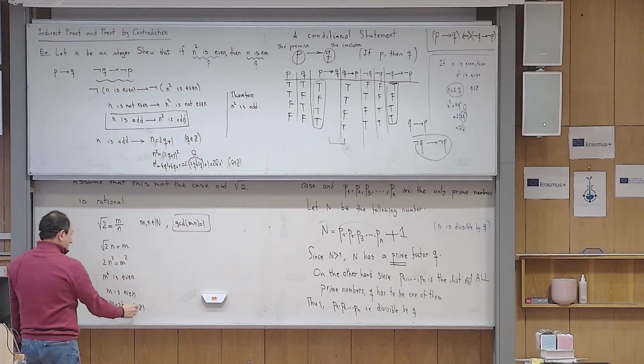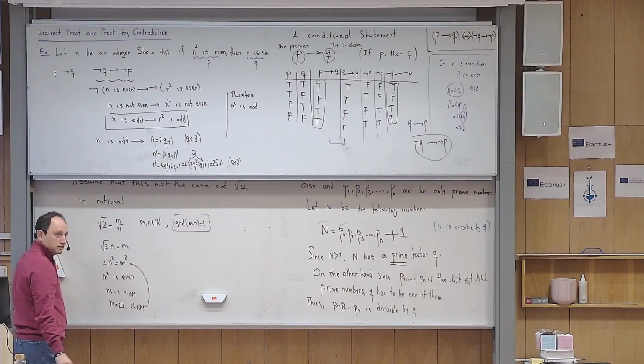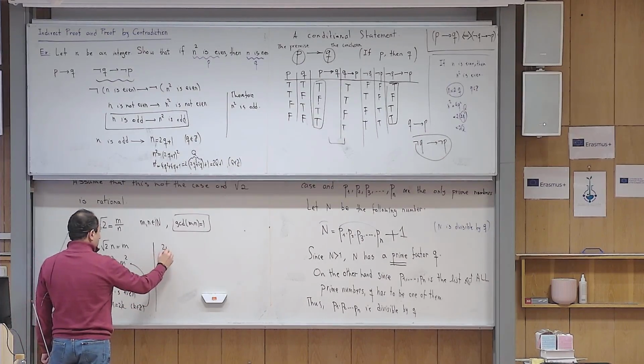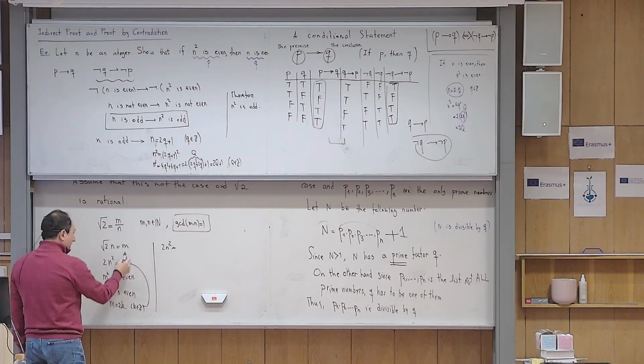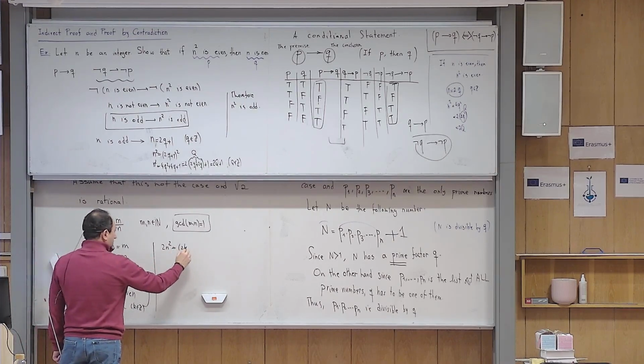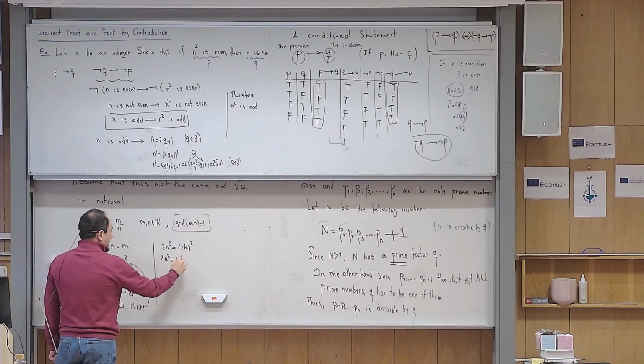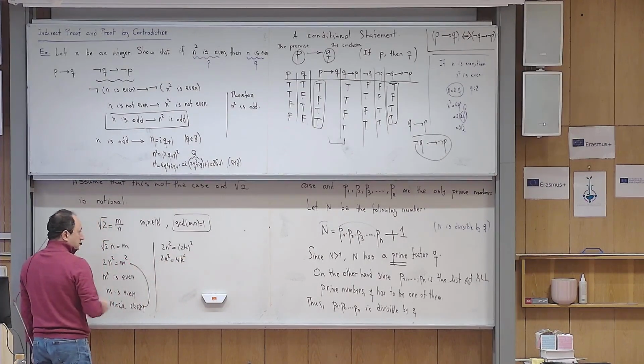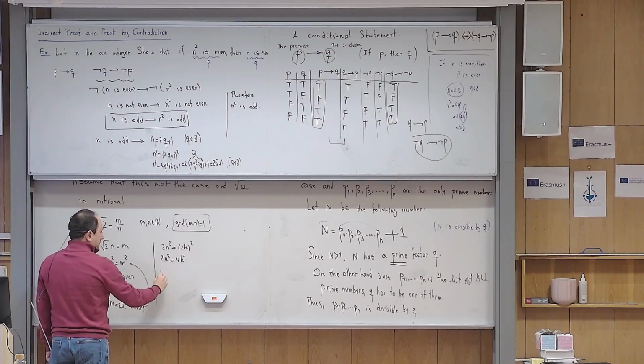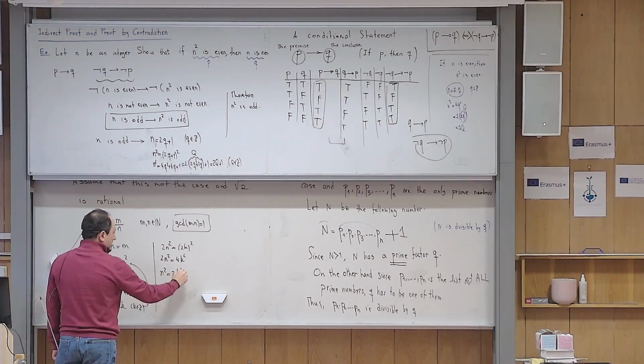But when m is 2k, I put it back in this equation. So what happens? It becomes 2n squared is equal to (2k) to the power of 2, and then 2n squared is equal to 4k squared. I just raise it to power 2. I simplify. n squared becomes 2k squared.